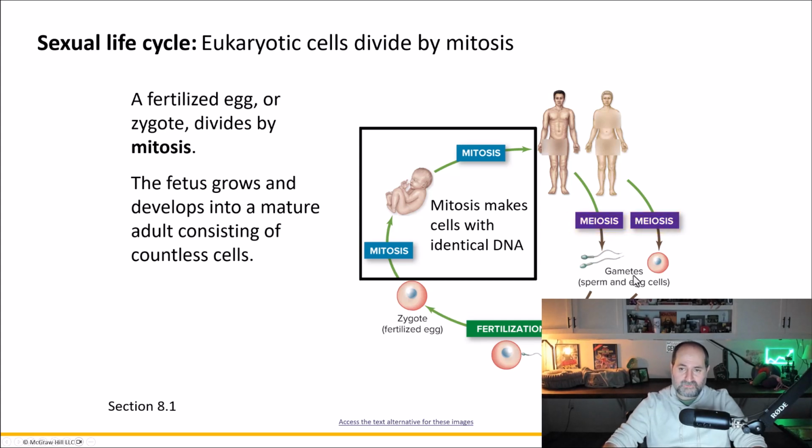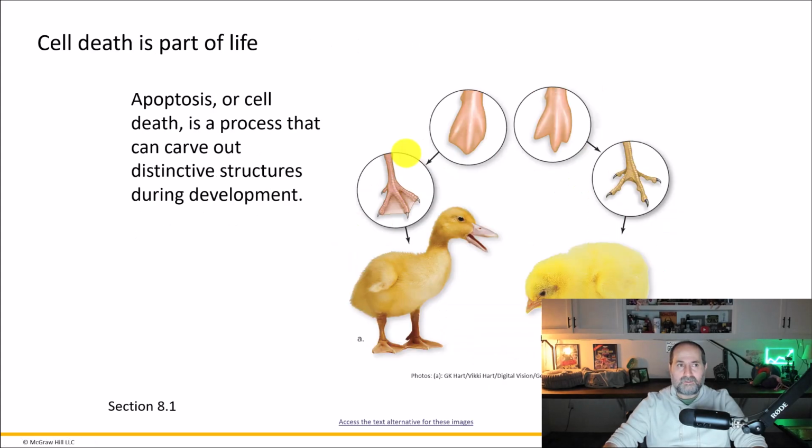Remember what the gametes were? The sperm and the egg. So remember that meiosis results in the sperm and the egg. Mitosis results in growth, development, and repair. Remember the term apoptosis? You should know that apoptosis refers to programmed cell death.